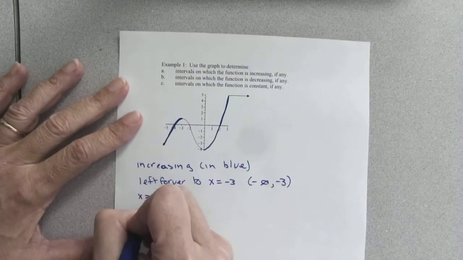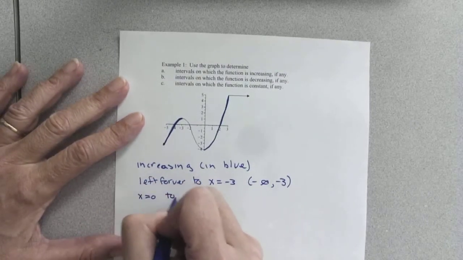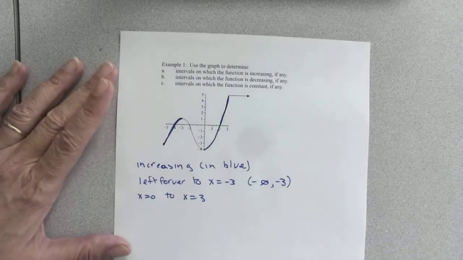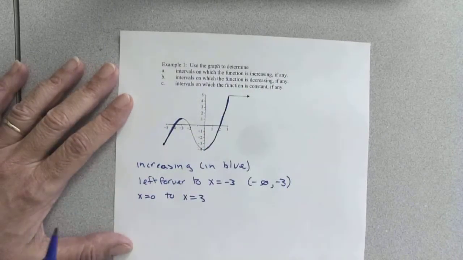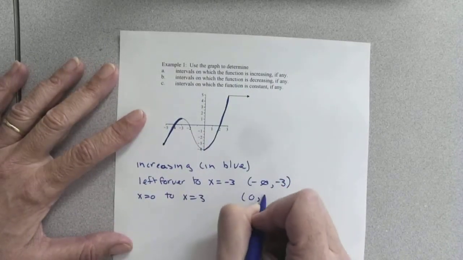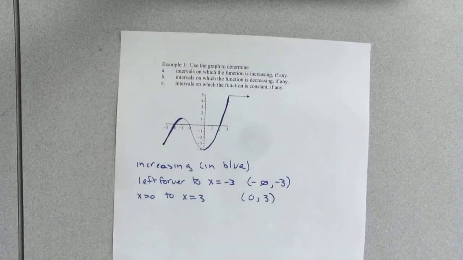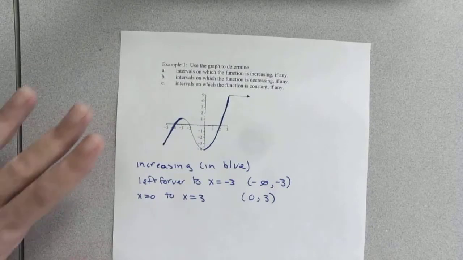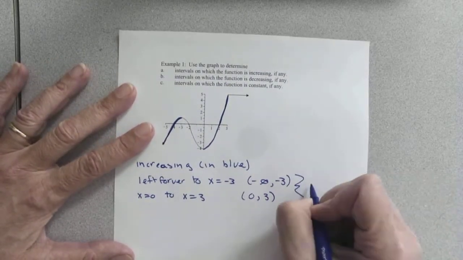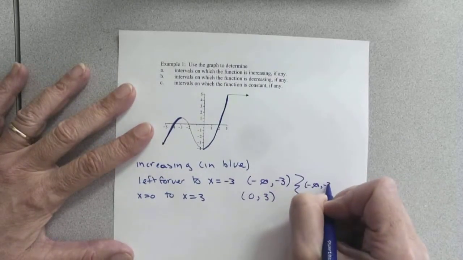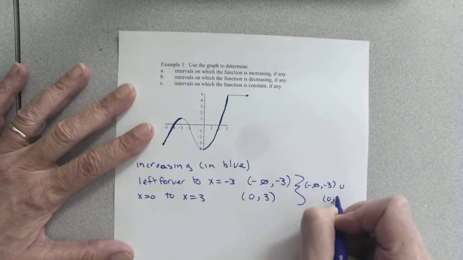And then x equals 0 to x equals 3, x coordinates. And so that would be 0 to 3. And then you're going to have to read what they want for the answer. Perfect would be this, negative infinity, negative 3, union 0 to 3.